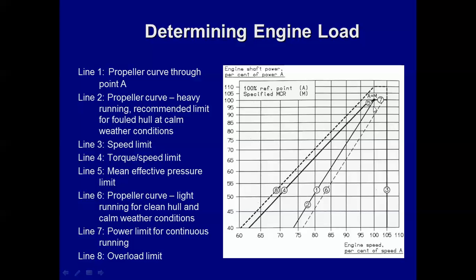Let's make it a little bit simpler and say that this is your load indicator, an indication of a percentage of what your high pressure fuel pump rack setting is. And again, this is RPM.